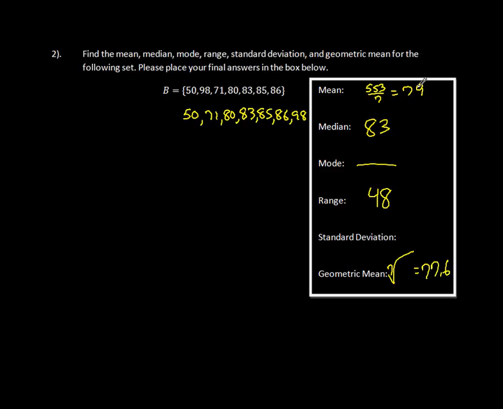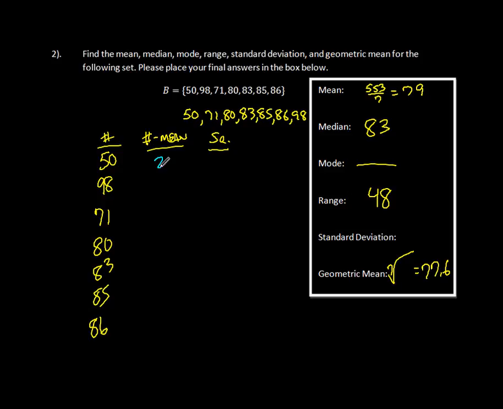So now, standard deviation again. I'm going to list out my numbers. Doesn't matter if I put them in order or not: 80, 83, 85, and 86. There's your numbers. I'm going to subtract from the mean, and I'm going to square them. So again, let's go through the process. The numbers when I subtract from the mean of 79, I should start off with 29 again.